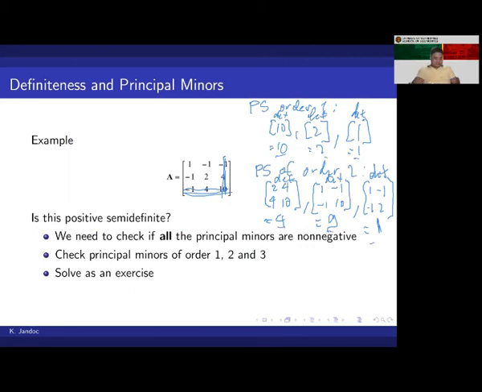Okay, so the principal submatrix of order 3 is the matrix itself. Okay, it's the matrix itself. This is 1, negative 1, negative 1, negative 1, 2, 4, negative 1, 4, 10. Okay, and then the determinant of that, as we have seen in the previous slide.